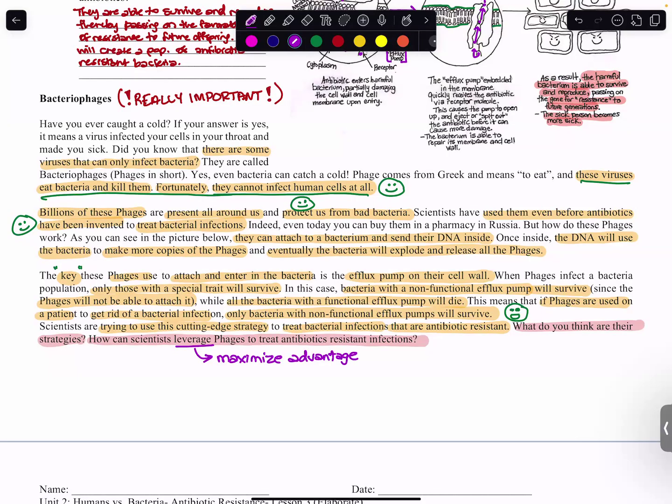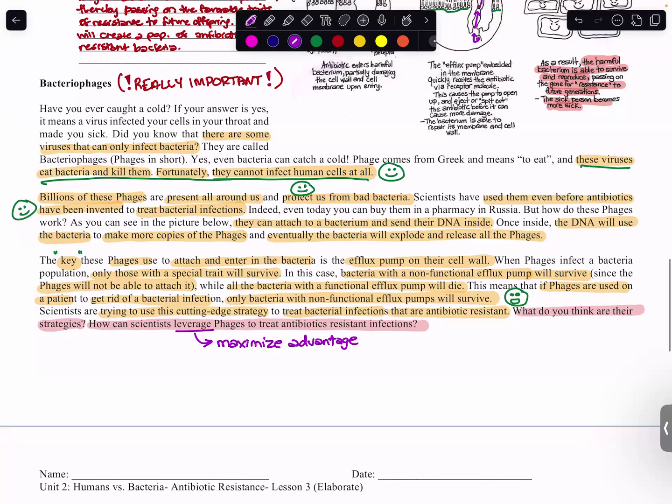So how can scientists maximize their advantage of using phages to treat antibiotic resistant infections? Right? So this is important.